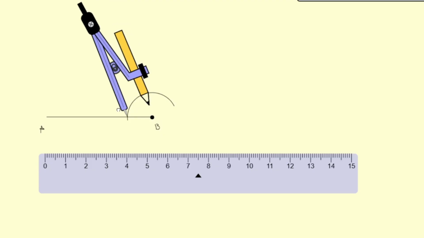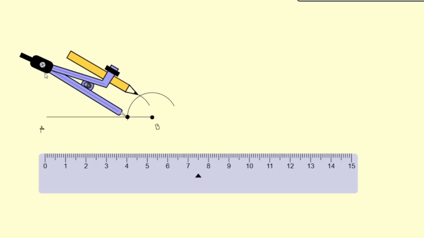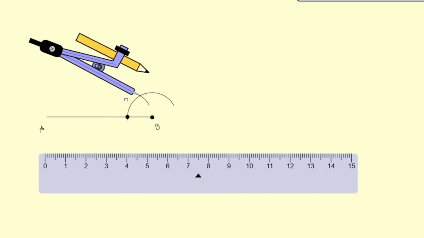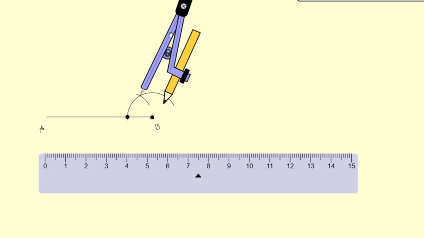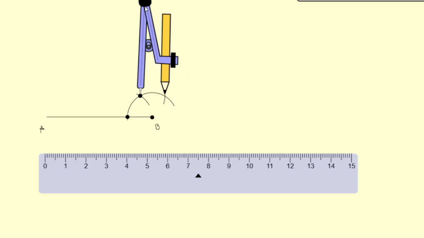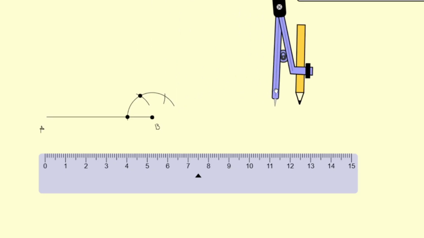Keeping the same radius, we would establish our 60-degree first, then place the point at the 60-degree, establish our 120, and once again 60 is here because we kept the same radius. Put the point here, kept the same radius again, and establish this. So this is 60 plus 60, which gives us 120. And then if we should come all the way down here again, that would be 60. So 120 plus 60 is 180.